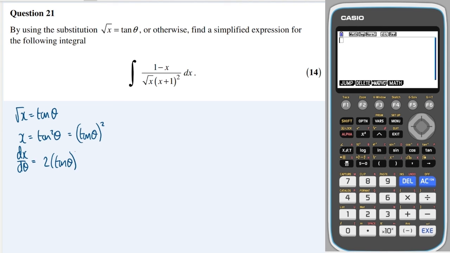The power drops down by 1. And then we multiply by the derivative of the bracket. And the derivative of tan theta is sec squared theta, which is given in your formula booklet. So we get 2 lots of tan theta sec squared theta. And then I can get dx as the subject by multiplying both sides by d theta.